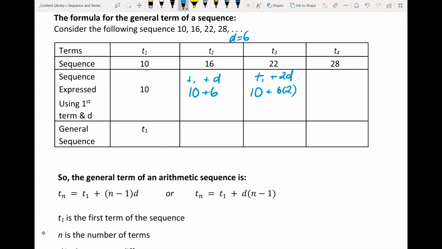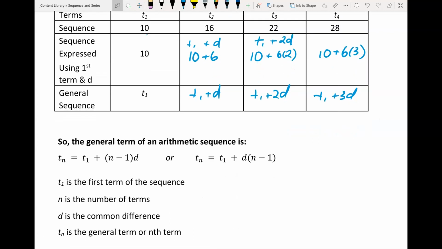And then lastly, this would be 10 plus D, which is 6, but then times 3 to get 28. So this would be T1 plus 3D. If we look at our pattern for our general sequence, we're always going to have the very first term, T1, in there, and adding a multiple of D afterwards, depending on the number of the term.